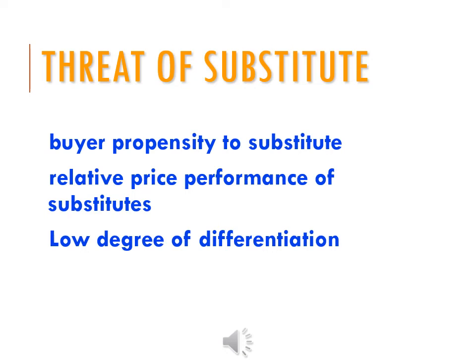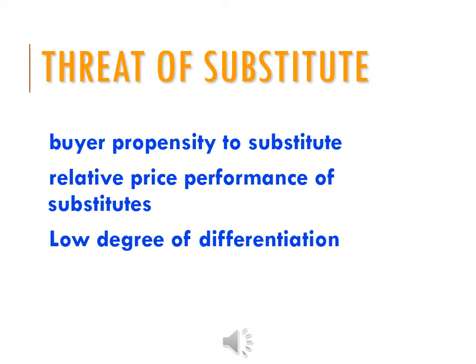The threat of substitute depends on the buyer's propensity to substitute. The buyer may constantly look for alternative products to serve the same purpose, and the threat increases when the price-performance ratio of the substitute becomes attractive.